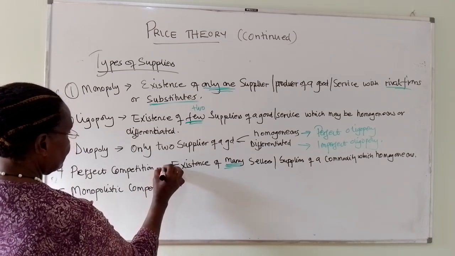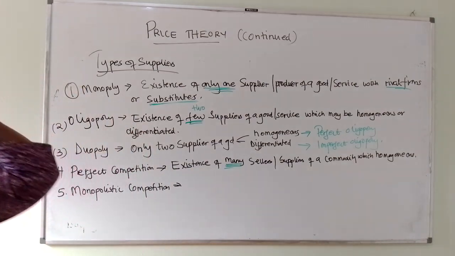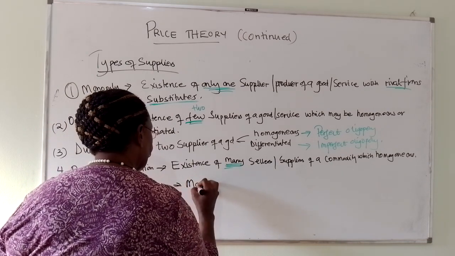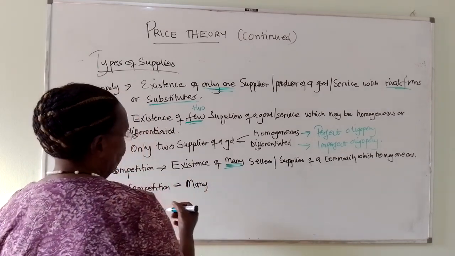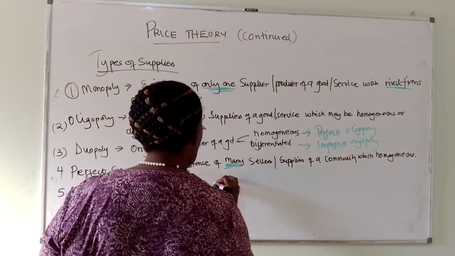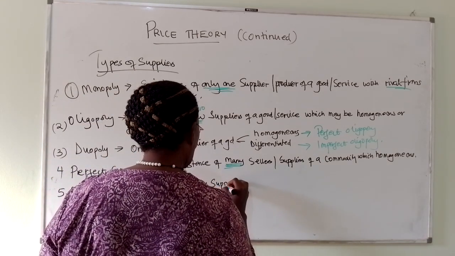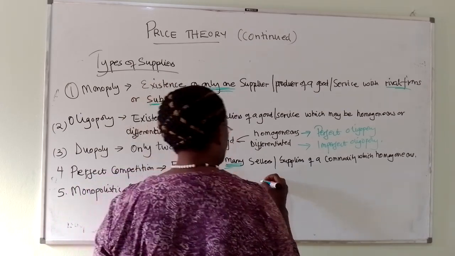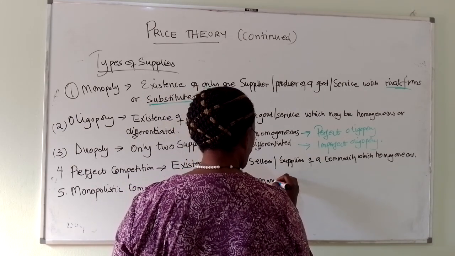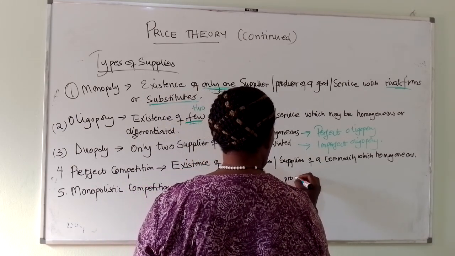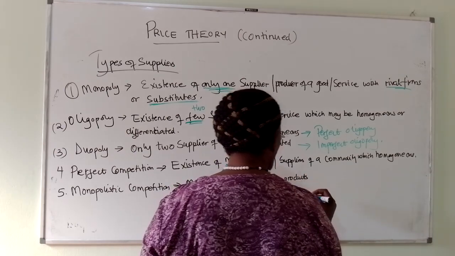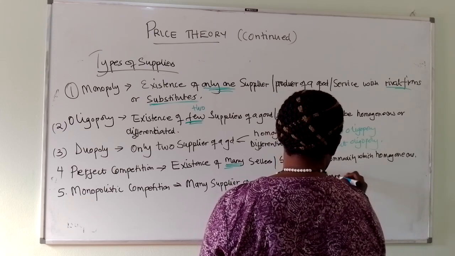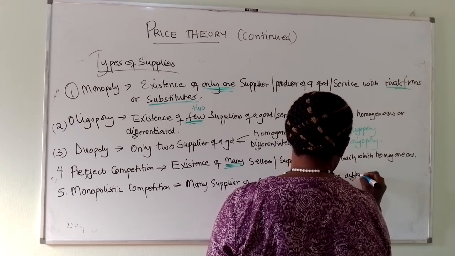So some suppliers operate in situations of monopolistic competition. So this is where, again, we have many, because you cannot compete when you are one. Many sellers or many suppliers of, now it's no longer commodity, but many commodities also, many products, and these products are no longer homogeneous, but they are differentiated.